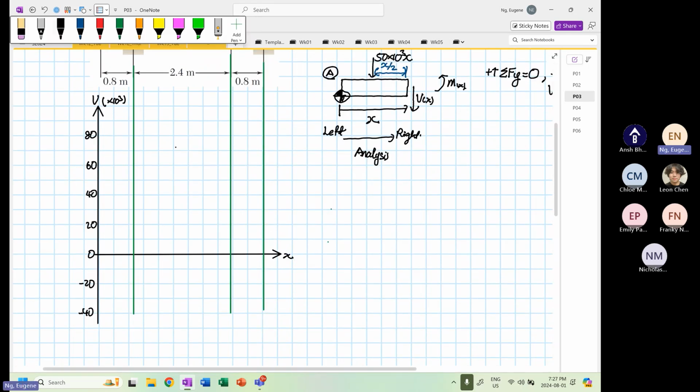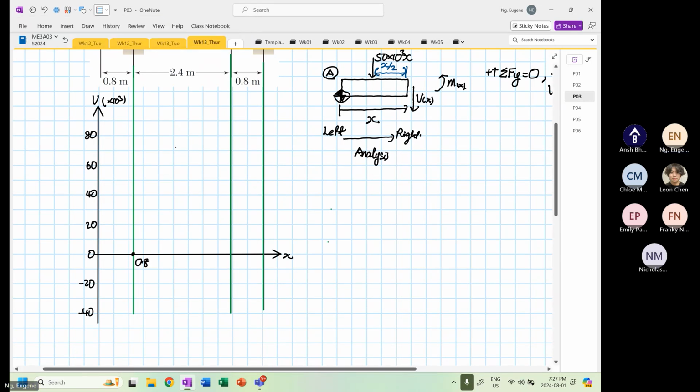So we know that the x-axis is 0.8. Over here is 3.2, and over here is 4.0.